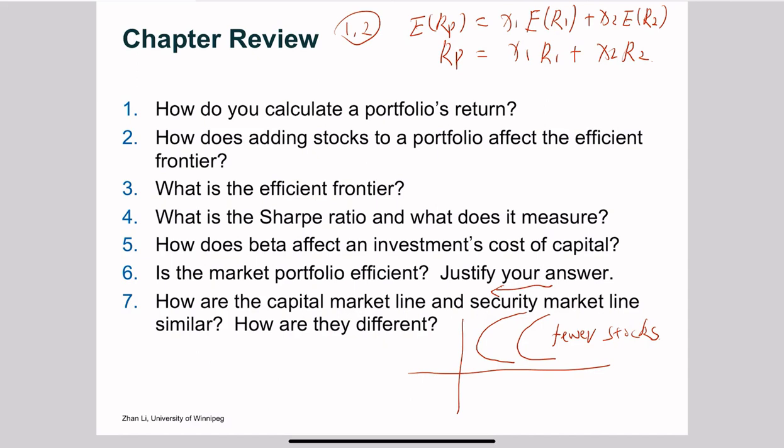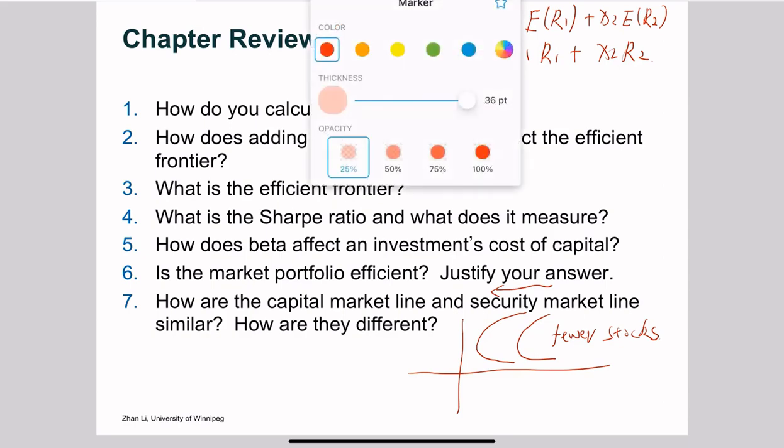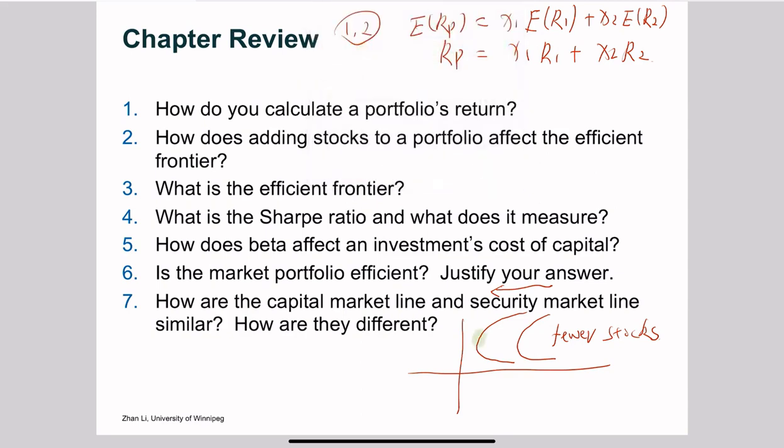The intuition is if you compare the efficient frontier on this left-hand side versus the efficient frontier on the right-hand side, what you can see here is, for this curve, if you fix volatility, if you fix risk, then the portfolios on this left curve have higher return.